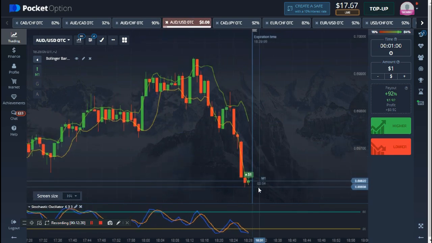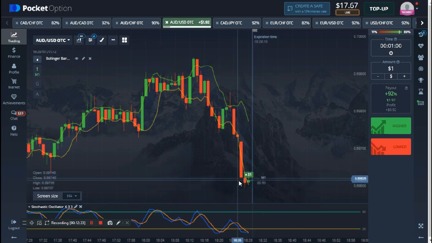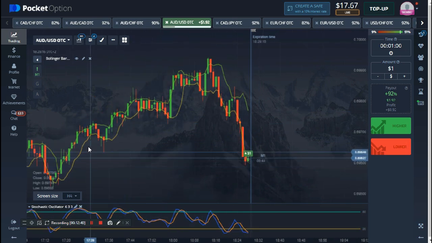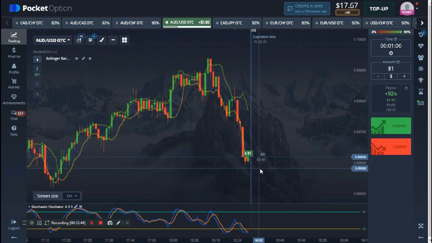I took the trade here above for 1M because there is a huge down move, and the stochastic is in oversold condition, and there is some resistance here.